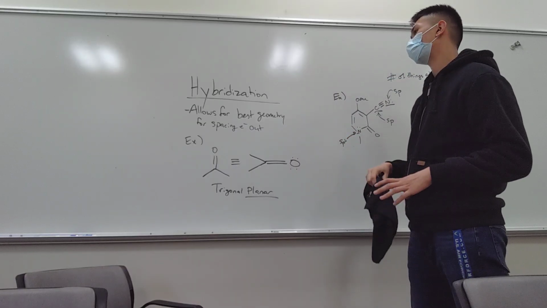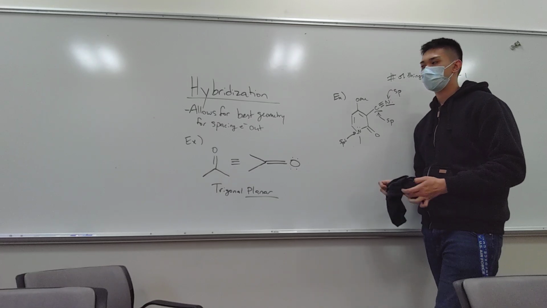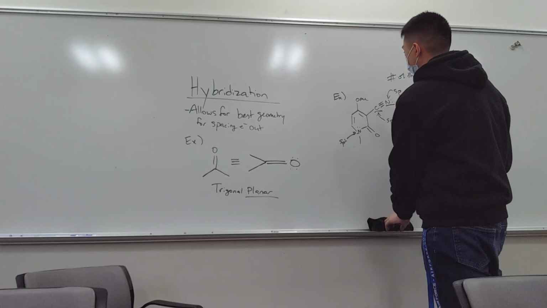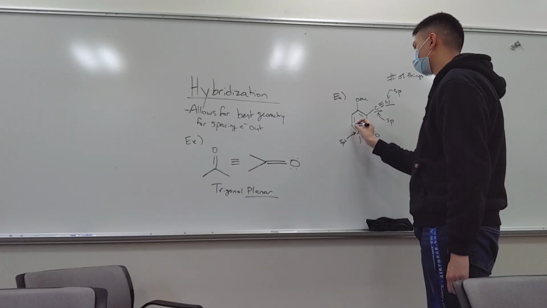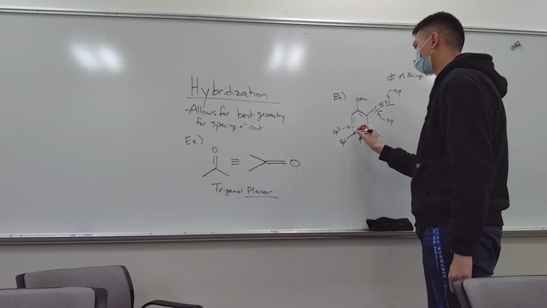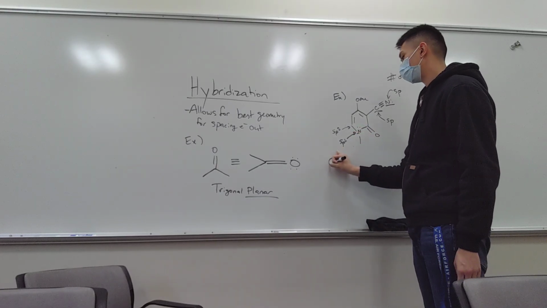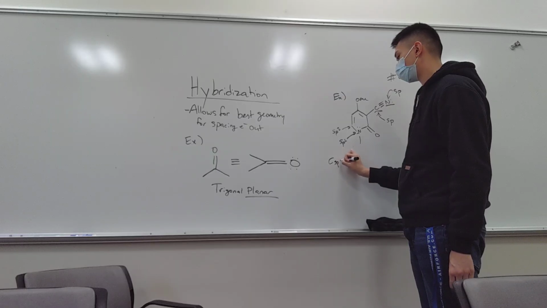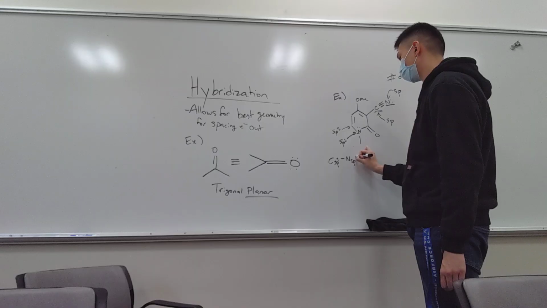If I wanted to talk about what kind of orbitals overlap to create a bond, I would say that this nitrogen creates a bond with this carbon. This is also sp2. And so the orbitals that overlap to create this sigma bond are the carbon sp2 and the nitrogen sp2.